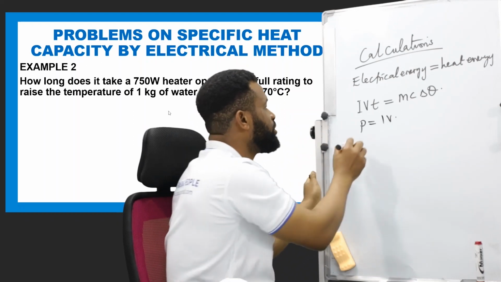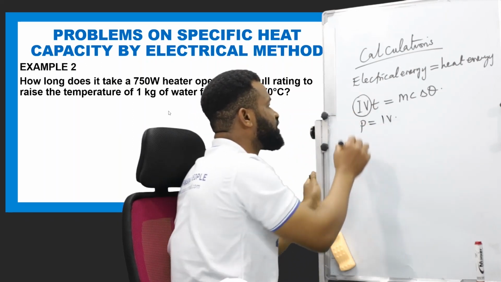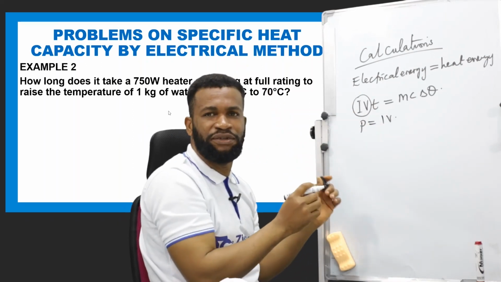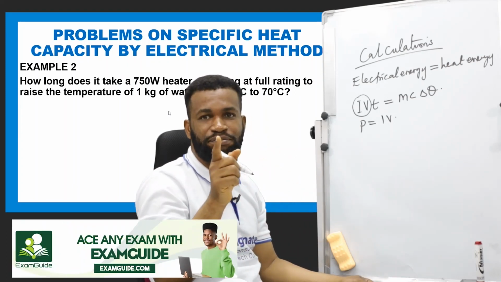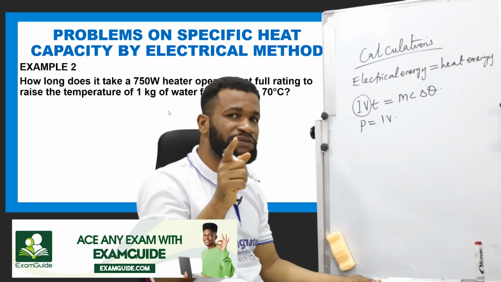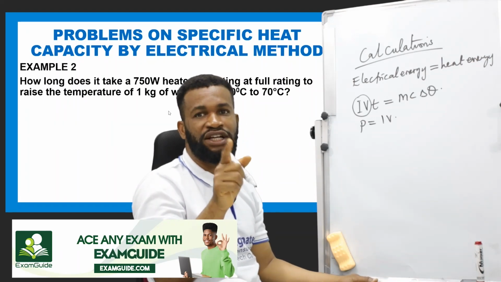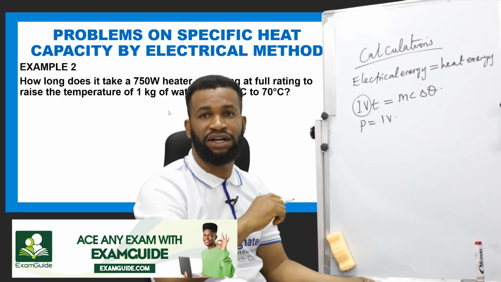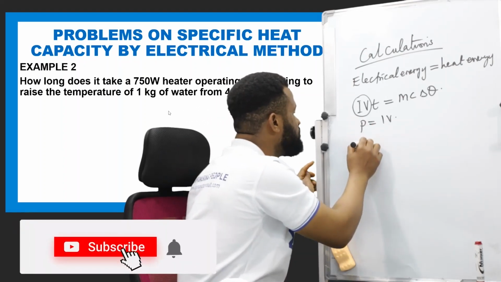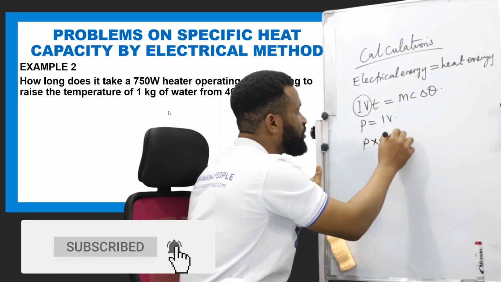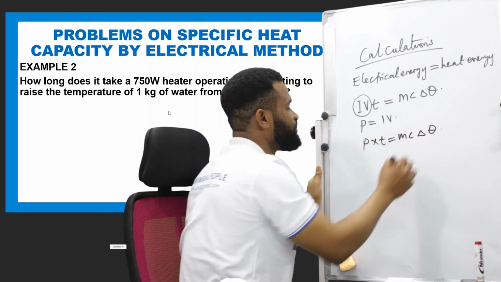So instead of putting this IV, since it is not given, it's already been given in 750 watts. Now, how do I know that that is power, which is 750? It is because of that capital W at the back, and that is the unit of power, electrical power, which is given as watts. So I'm going to write P times T is equal to MC change in theta.